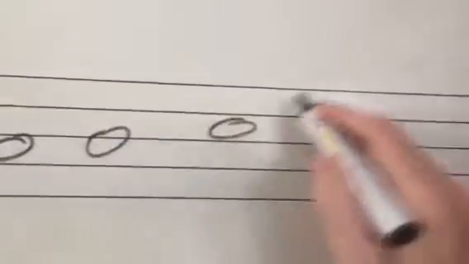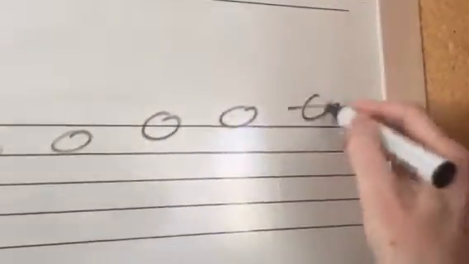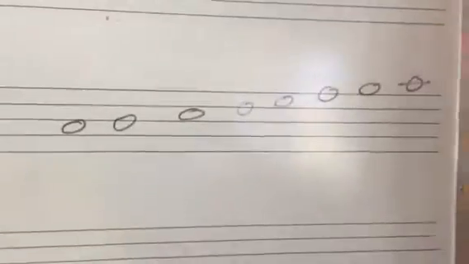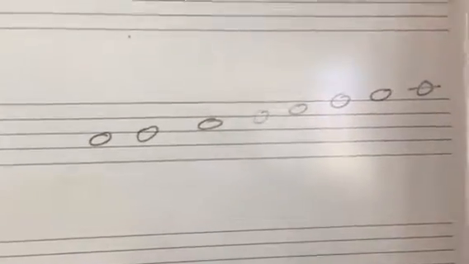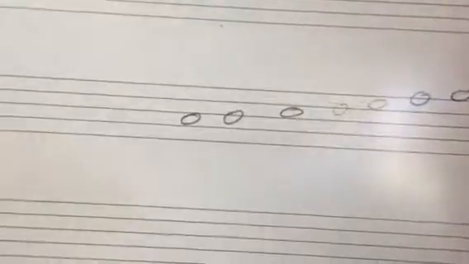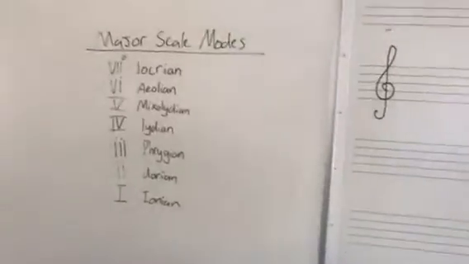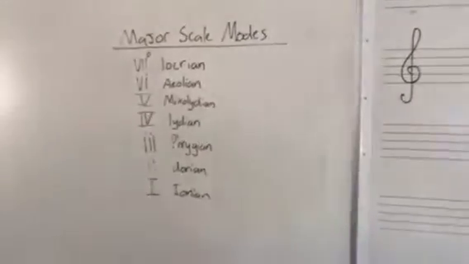And then we just keep writing up the scale to get up to the octave. We've just written out a natural minor. So the 6th mode of a major scale is in fact a natural minor.